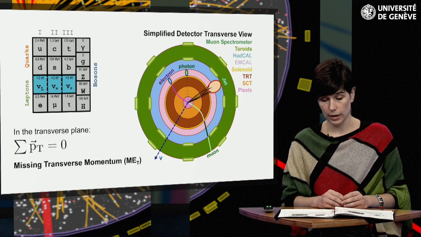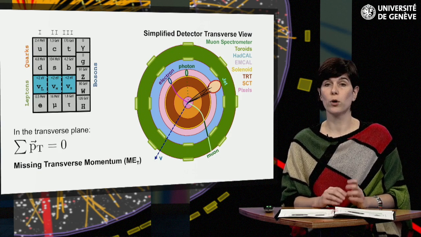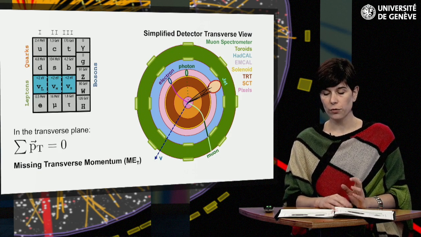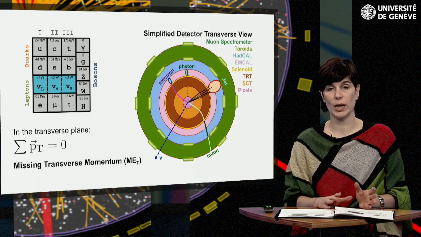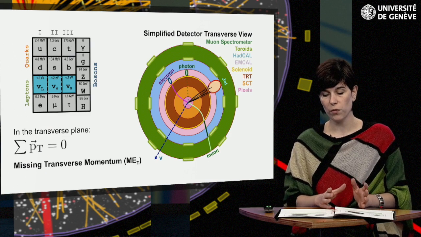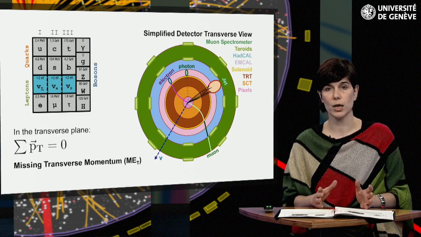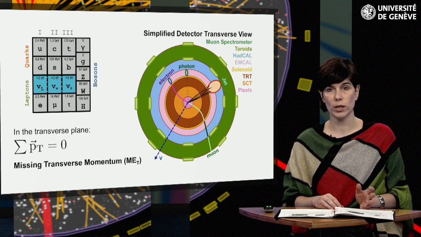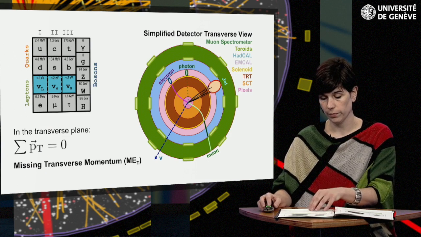Neutrinos do not interact with the detector and therefore escape undetected. However, we can get information about neutrinos using the knowledge that in the transverse plane, because of conservation of momentum, the vector sum of the momenta of all the objects has to be 0. So neutrinos are associated with the missing momentum in the transverse plane.